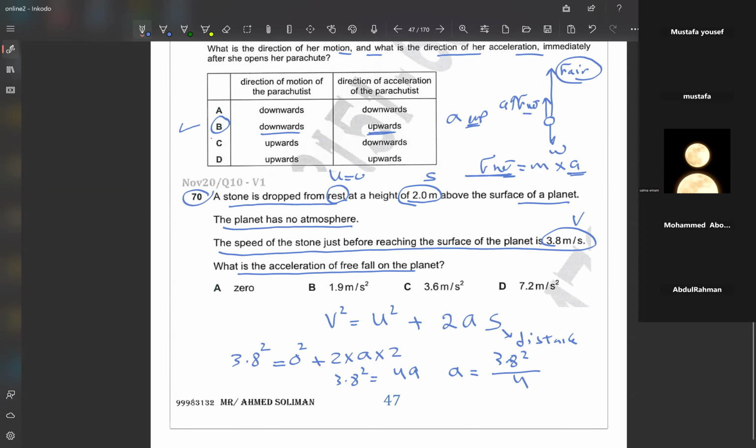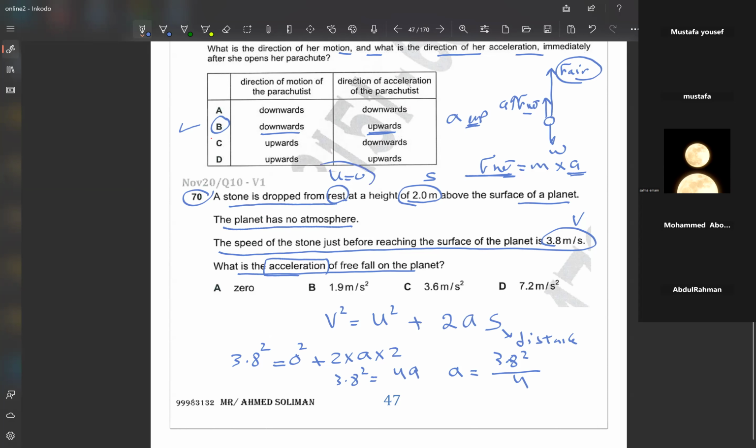Does anyone have a question? Mister, can't I just use the normal formula for acceleration, which is v minus u over t, or do I have to use this one? Because Salma, we don't have time in this question. Again, he asked you to find the acceleration.